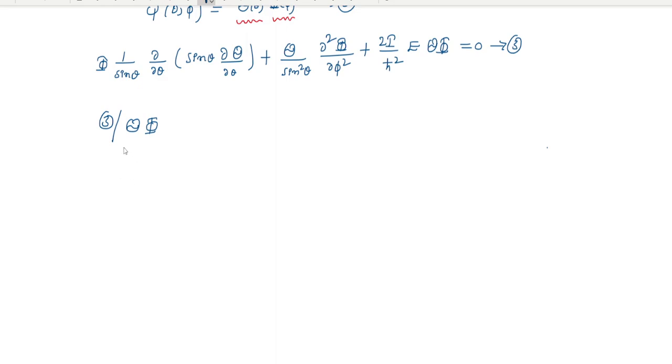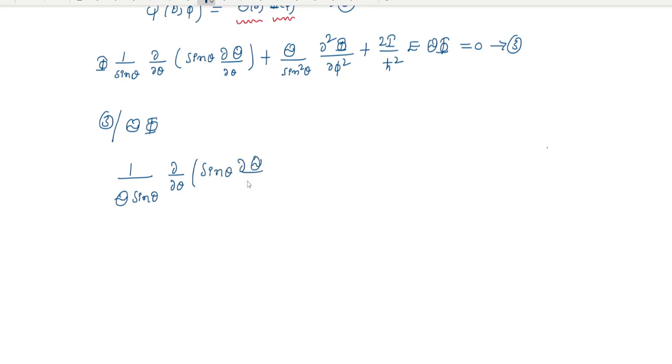So if you divide this function, in the final equation you'll get 1 divided by pi gets cancelled, theta is there, remaining theta, sine theta here, first term. Remaining function is all the same, no need to change here.